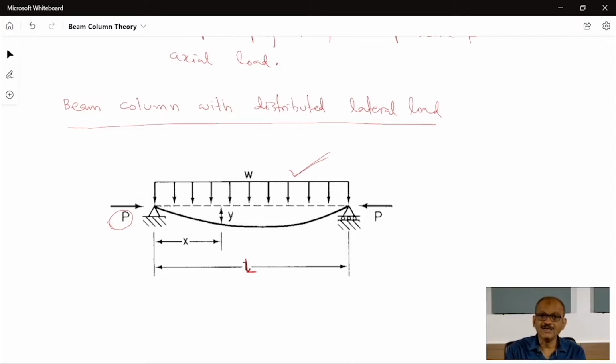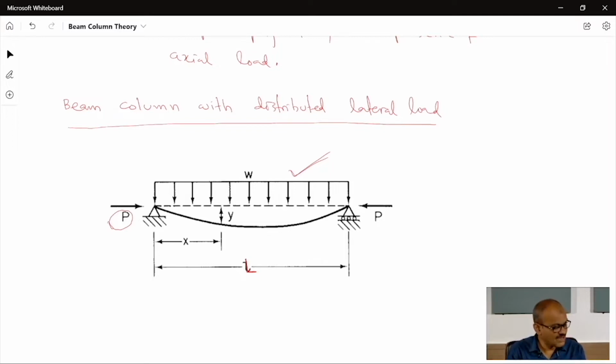So, the earlier way of finding the equilibrium equation was by writing the equilibrium equation. In the bent configuration, we took a part of the beam column and wrote the equilibrium equation. But in this case, we will find the total potential energy of the system and minimize it, and we will get the equilibrium equation.